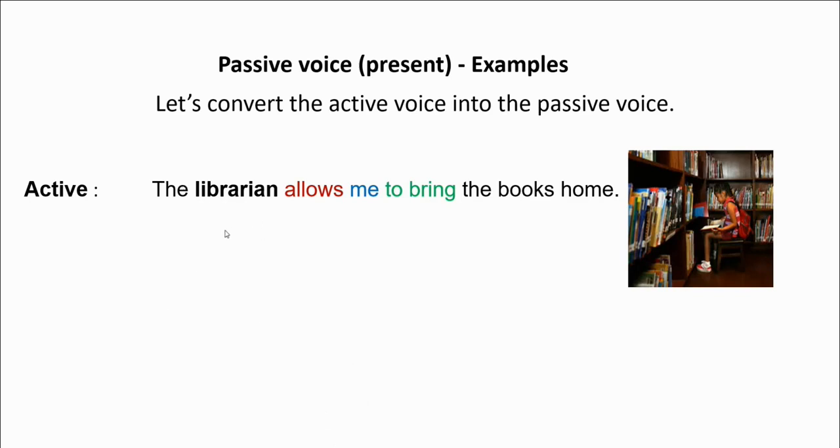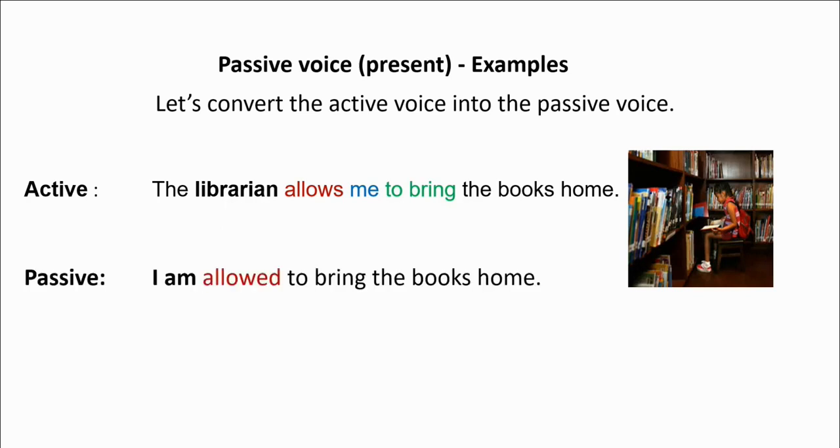We know who allows me to bring the books home because we have the subject in a highlighted word, which is the librarian. And this subject is now going to disappear. And this is in the passive. I am allowed to bring the books home.